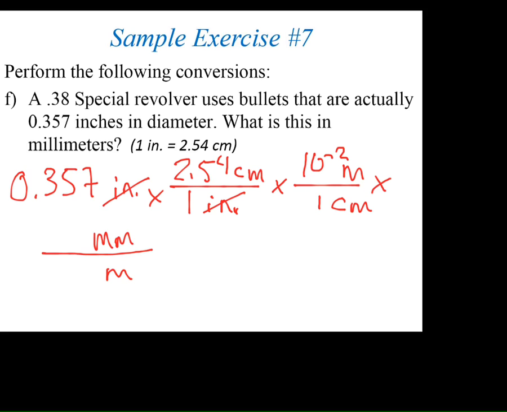Yeah, it has to go the opposite. Here's the prefix. So the exponent has to go opposite, right? Okay. Perfect. Now, so go through centimeters cancels, meters cancels, and we're left with millimeters, right? This is what we want, right? We got our millimeters. Awesome.